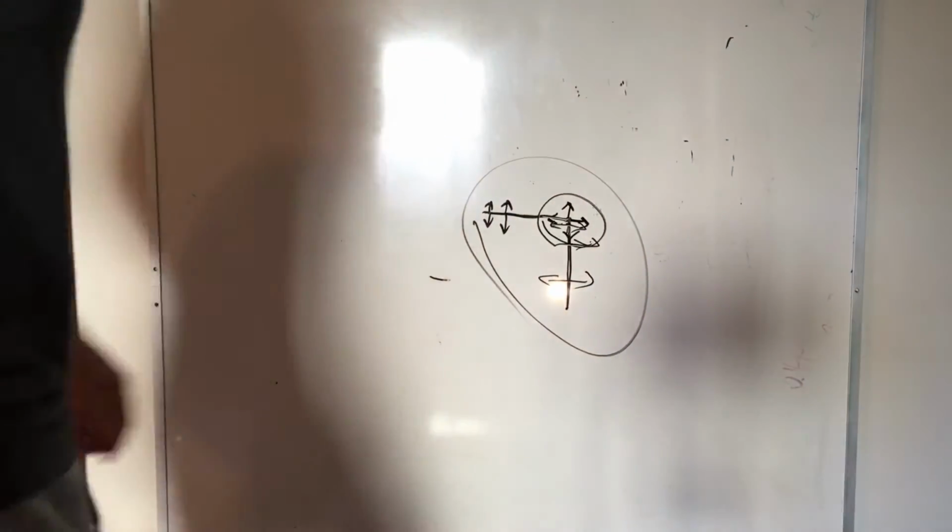Okay, let us talk about the Marr's operator. The Marr's operator is another way of doing edge detection.